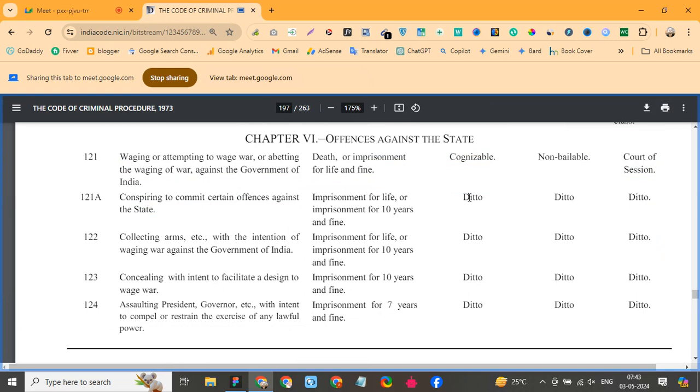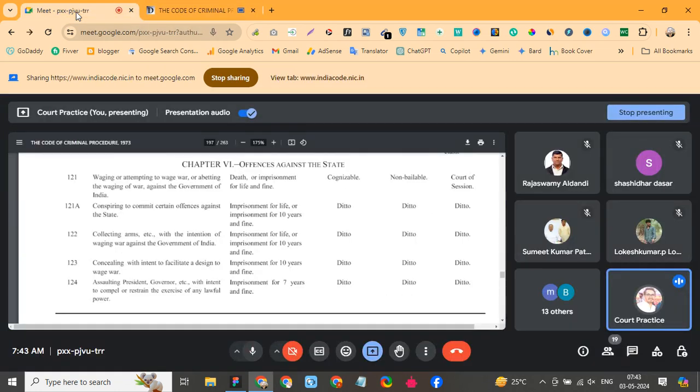The next part is regarding ditto. Ditto means whatever is written over there is just repeating, and that is why we mention ditto.